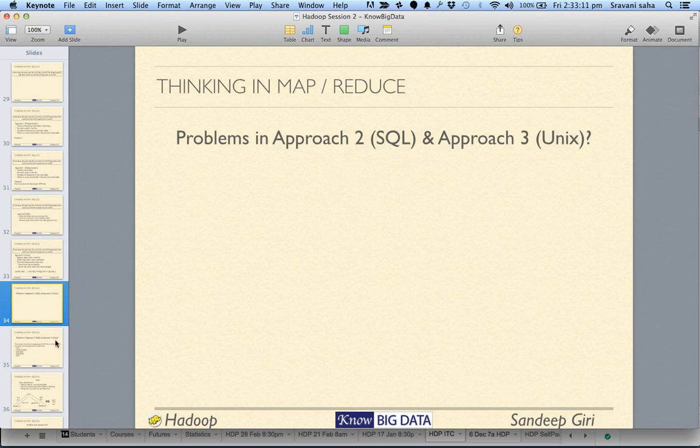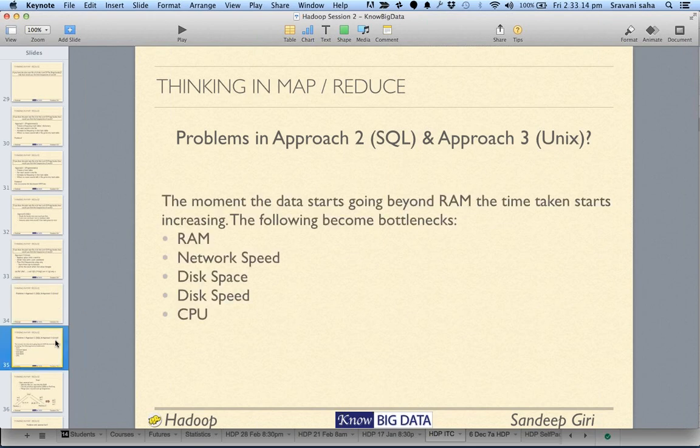So we talked about three things here. First, the moment data starts going beyond RAM, the time taken starts increasing, and the following will become bottleneck. Here the RAM will not be an issue because RAM has been taken care of.